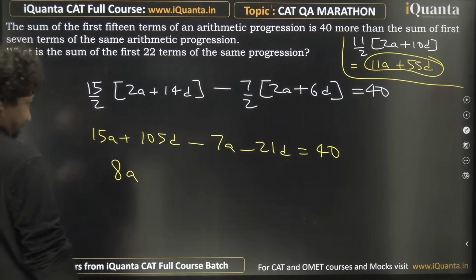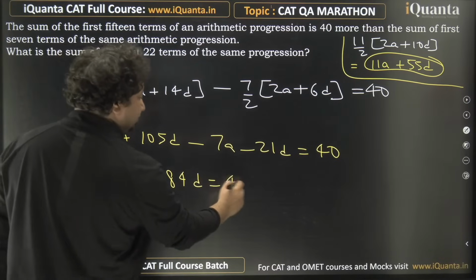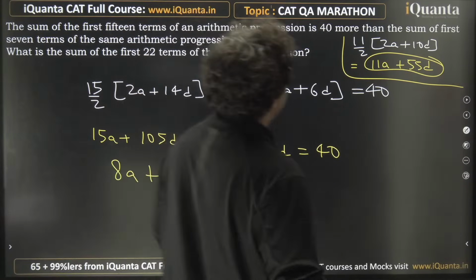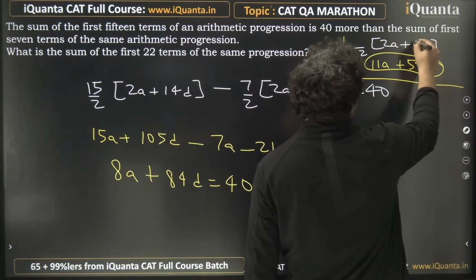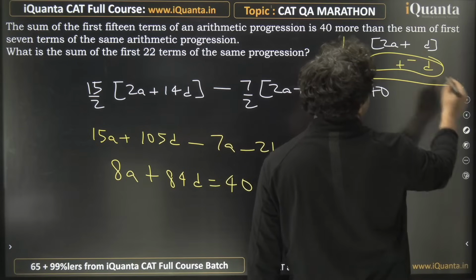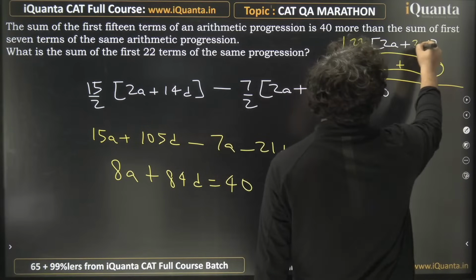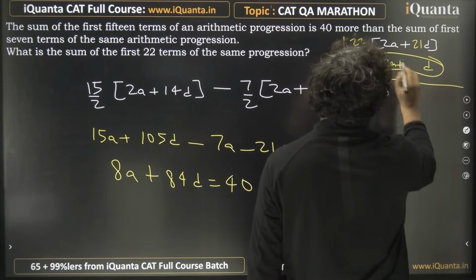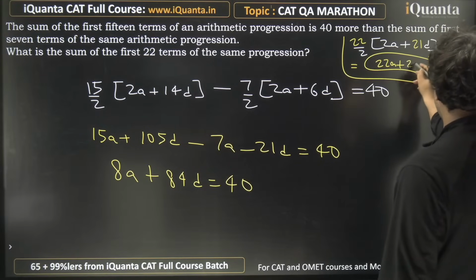8a plus 84d is equal to 40. How many terms were asked? 22 terms were asked. I thought 11 terms were asked. Okay. It's 22 by 2, right? This is 21, 2, so 22a plus 11 into 231d.